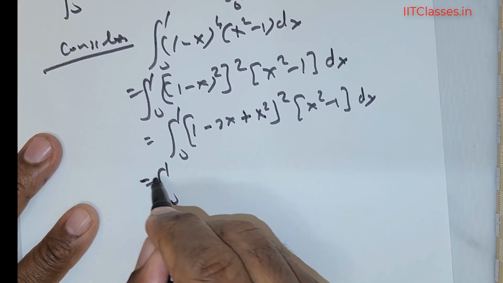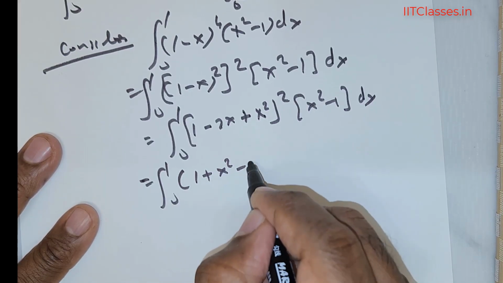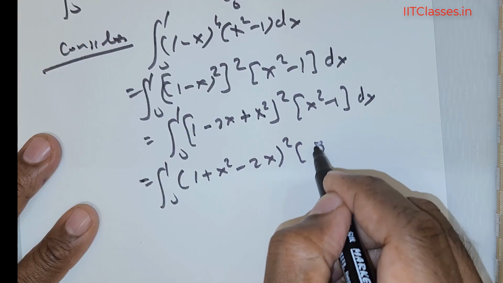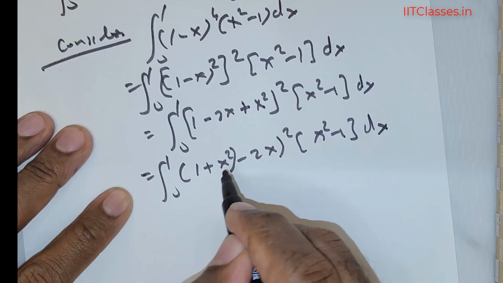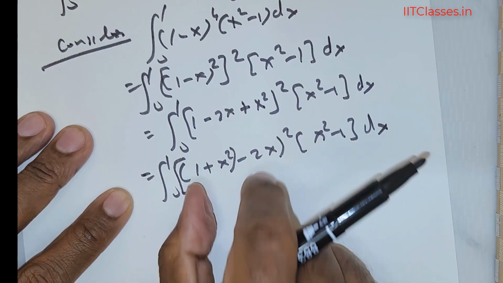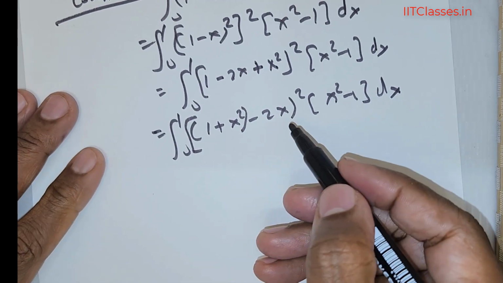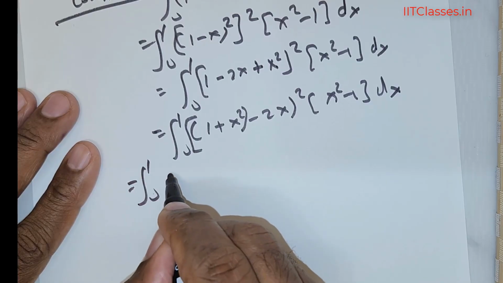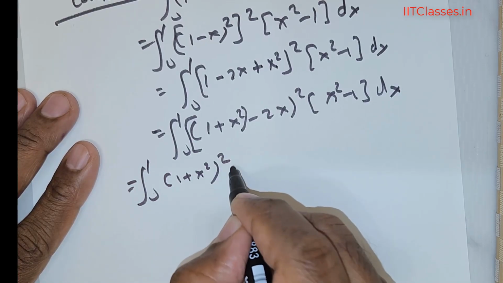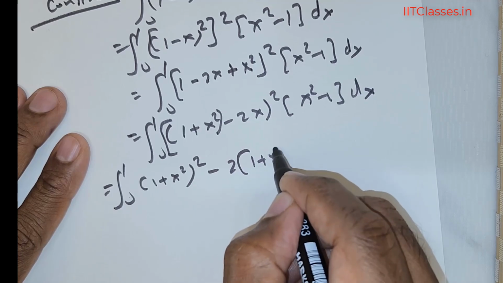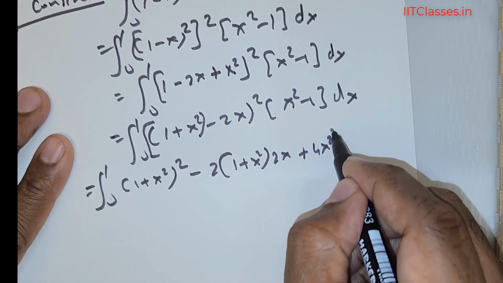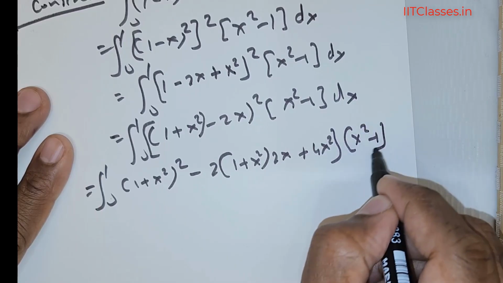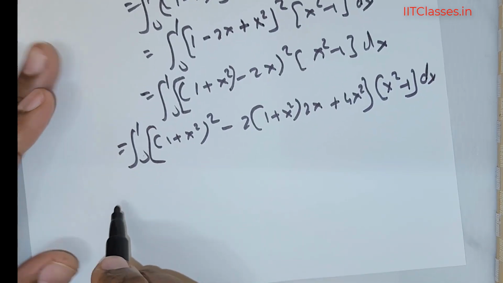I rewrite this as integral 0 to 1 positive x squared negative 2x raised to the power of 2 times x squared negative 1 times dx. I am going to club these two together so that I have two terms, and I use a negative b whole squared formula. This is 0 to 1 positive x squared the whole squared negative 2 times the 1 positive x squared times 2x positive 4x squared times x squared negative 1 times the dx.